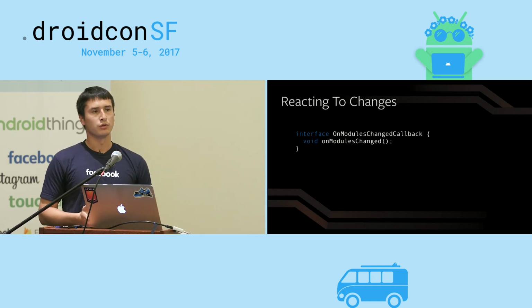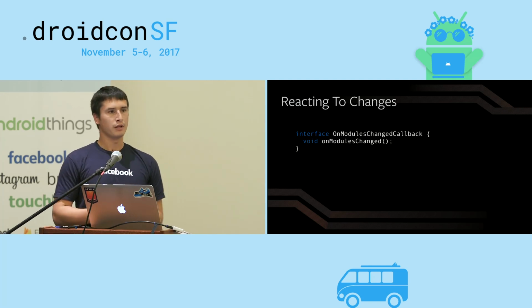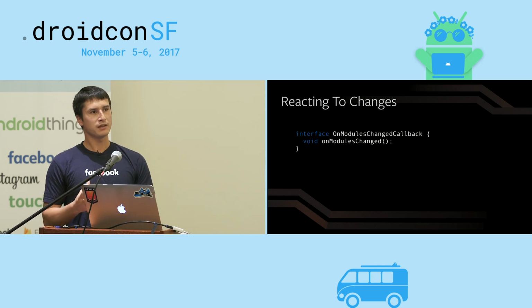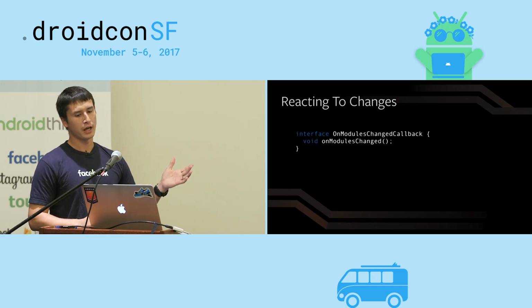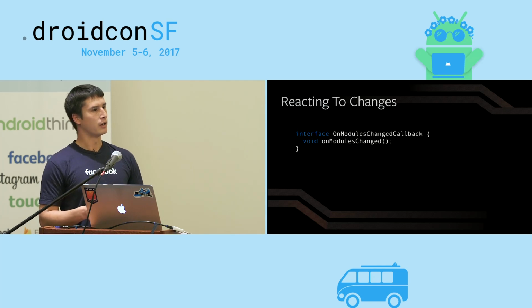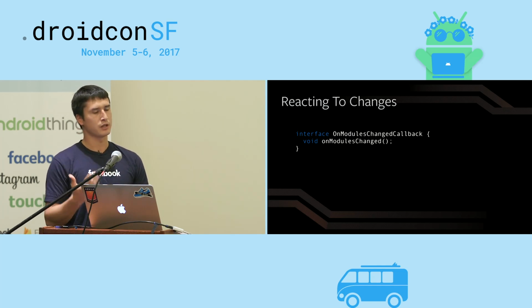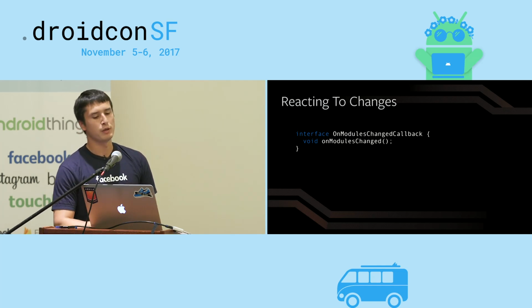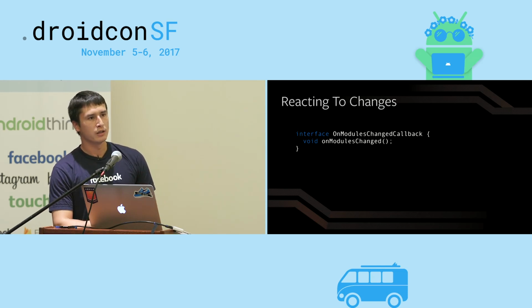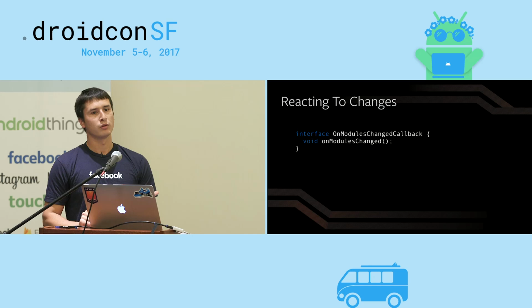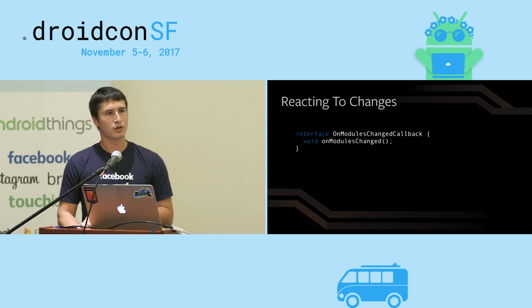The next thing that you have to do is react to the fact that there is new code loaded into your app. We all construct our apps a little bit differently, and so the state that needs to be refreshed is also going to be a little bit different. In my demo app, you saw that I refreshed the top activity. I restarted the top activity. That might not always be what you want to do. So rather than try and intuit what it is you want, we let you control what gets refreshed on a code change.